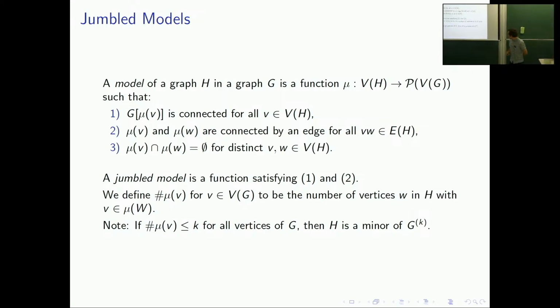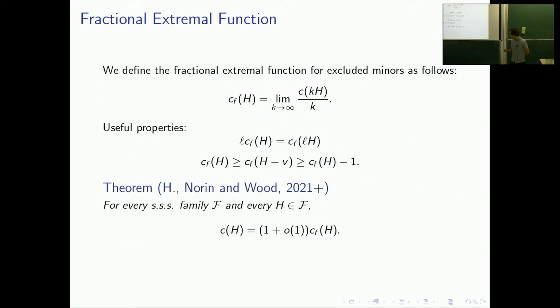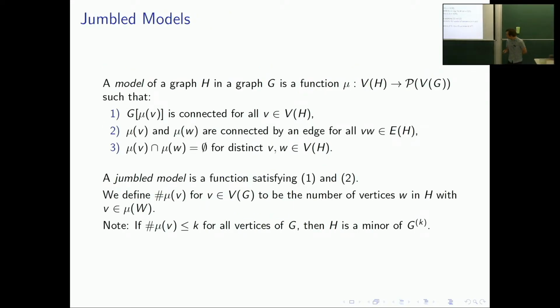Okay, so the main thing I want to talk about actually is this result, that we can approximate the extremal function with the fractional extremal function. But first, I want to talk a bit more about what exactly this fractional extremal function is.